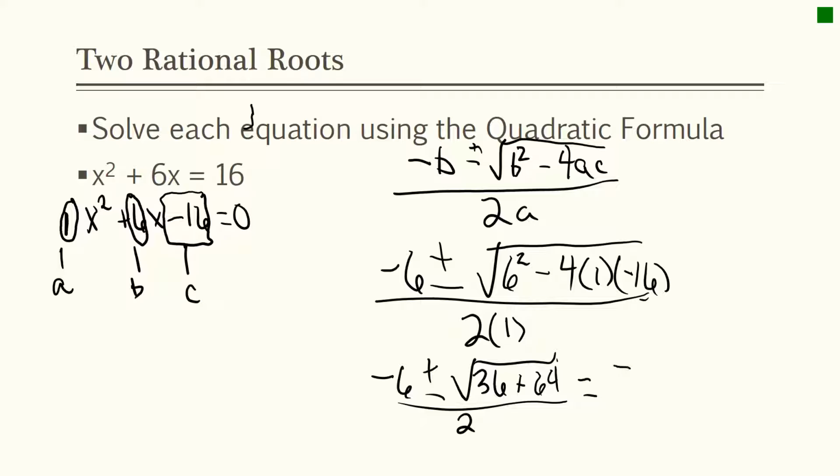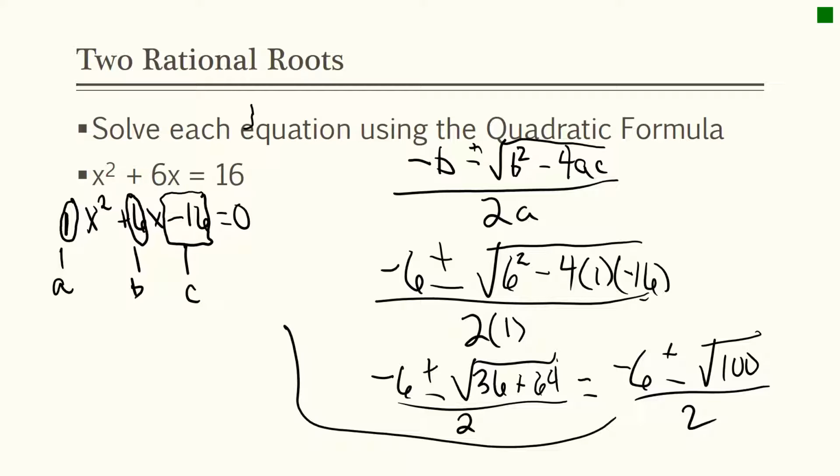So now we've got negative 6 plus or minus the square root of, 36 plus 64 is 100, square root of 100, over 2. So now I've got negative 6 plus or minus 10, all over 2.